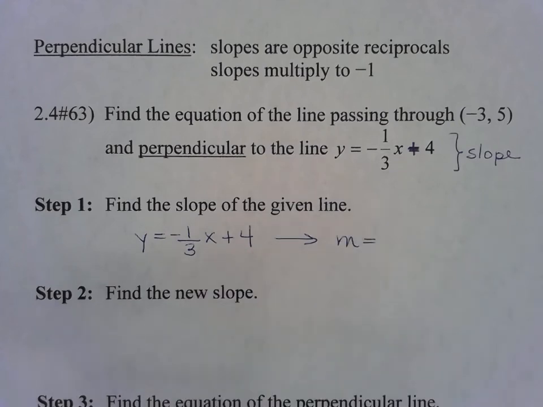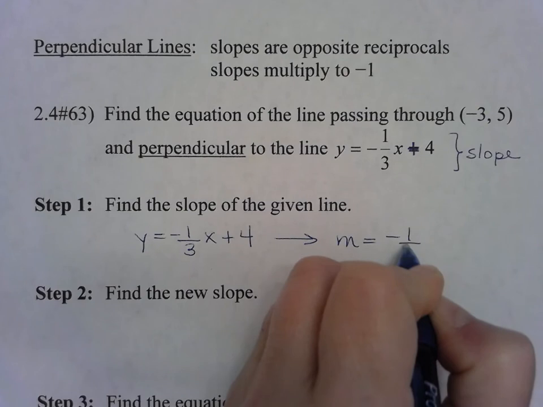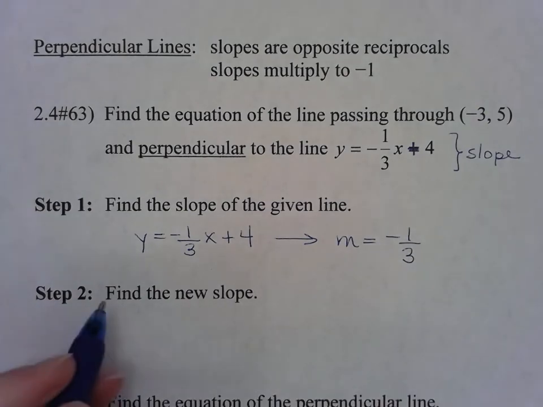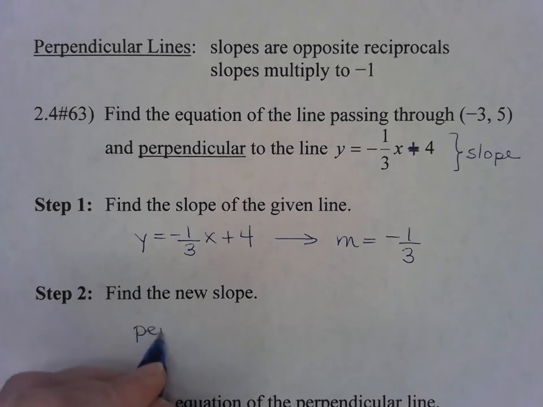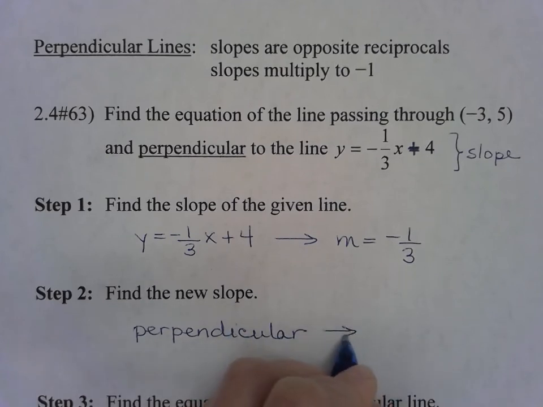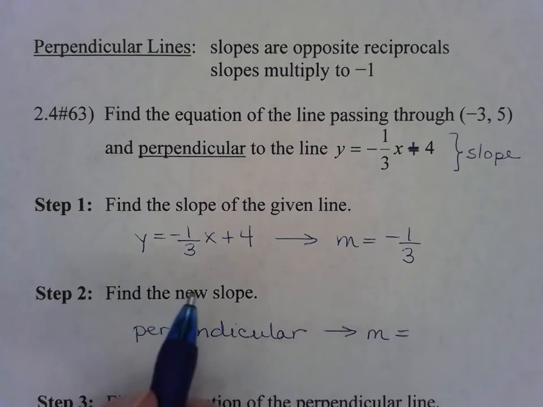What is our slope? -1/3. This time we are looking for a perpendicular line. So we need a new slope that is the opposite reciprocal.